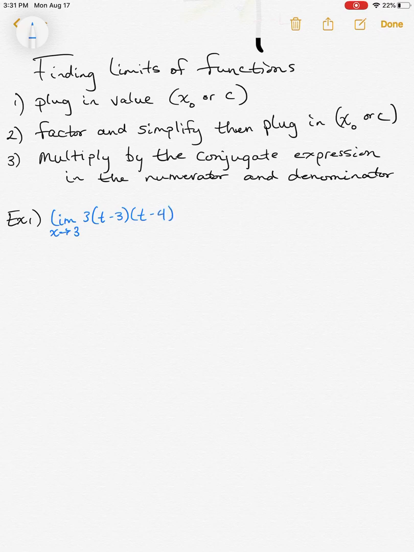When we find the limit, the first thing we'll do is plug it in. What I mean by plugging it in is that value of 3. We're going to plug it into that expression there. We have 3 times the 3 that we plugged in minus 3 that we plug in minus 4. That gives us 3 times 0 times -1 equals 0. So the limit as x approaches 3 for that problem is 0. 0 is a finite constant, so that is our limit.